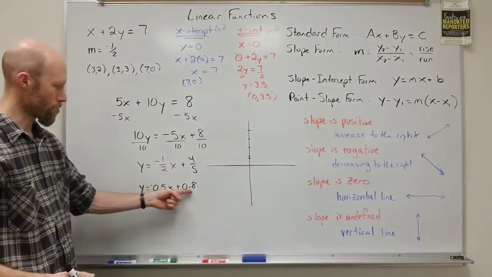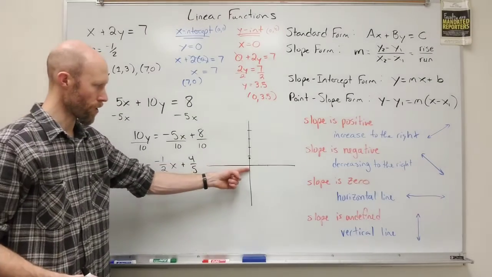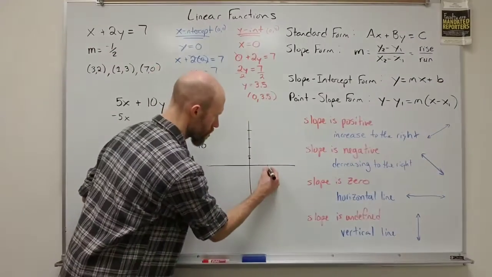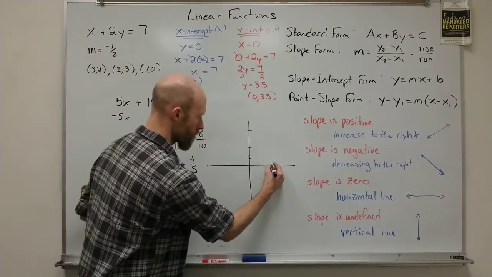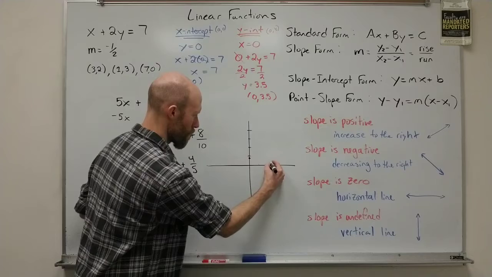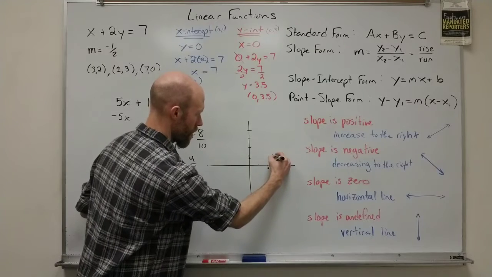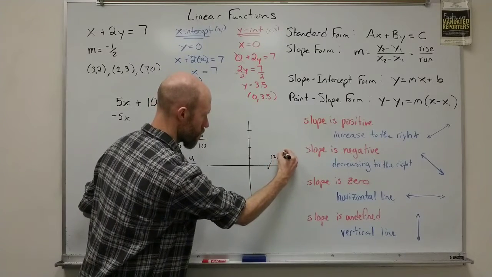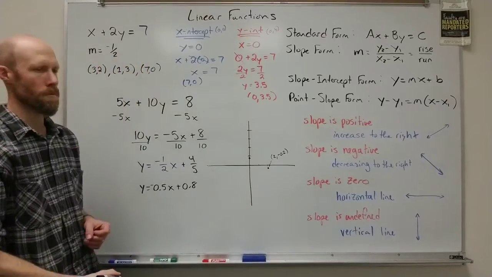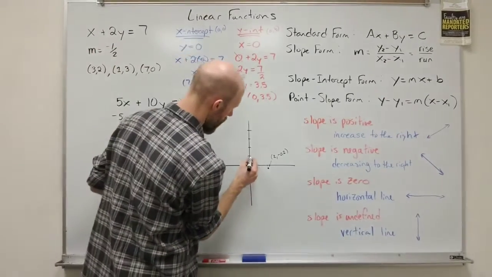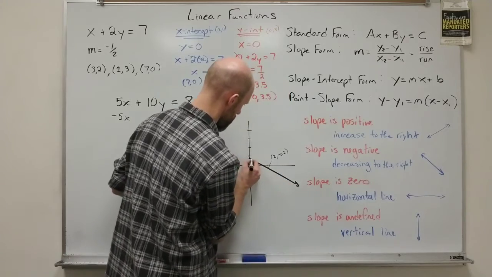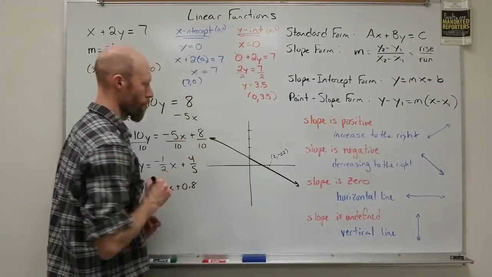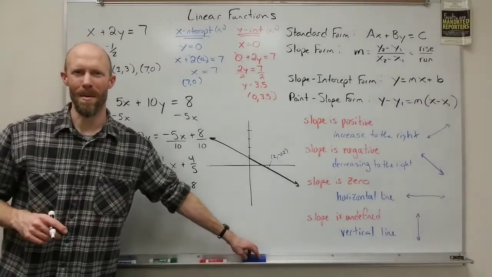Think about that. So subtract 1 off of this, and you get to negative 0.2, and run 2 units over. All right. So that would give me a point. This is kind of weird. It gives me a point there at 2 comma negative 0.2. That would be my second point, and then I could draw the line through them. It works. Kind of a sloppy example, but it works.